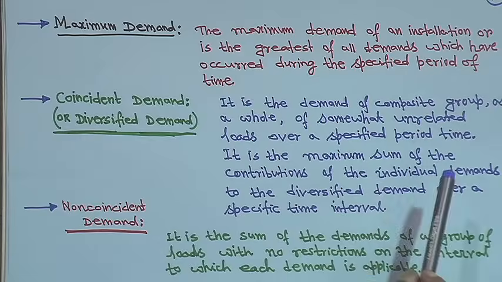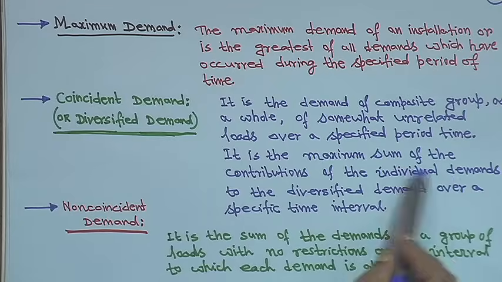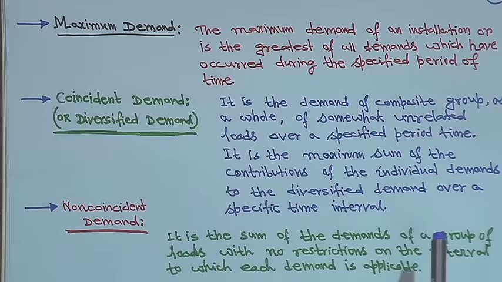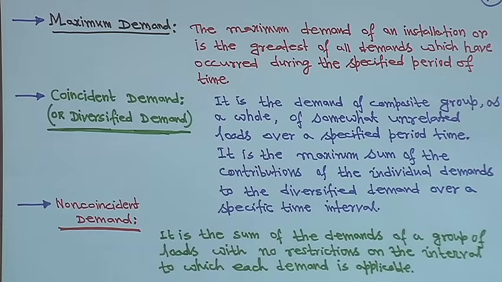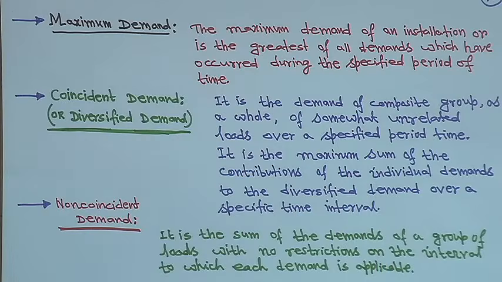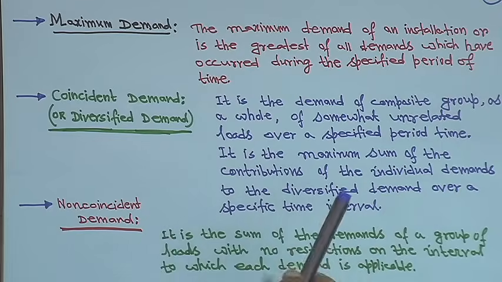So you have a composite group, not only a single load, there may be many, some industrial, commercial, agriculture, domestic, different groups. It is the maximum sum of the contributions of the individual demands to the diversified demand over a specific time interval. So everywhere the time interval is specified. Suppose you have 4 groups of load, every hour you are adding those loads, and we try to find out the maximum sum of the individual demands to the diversified demand over a specific time interval. So this is called coincident demand.